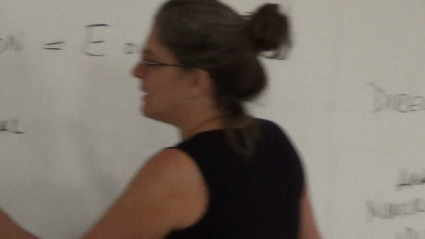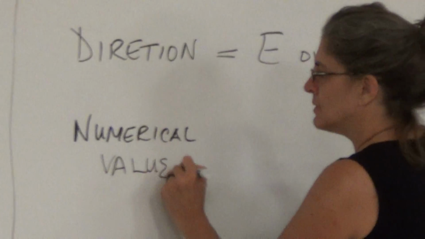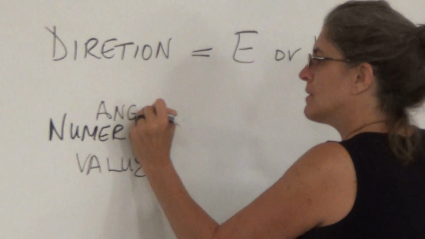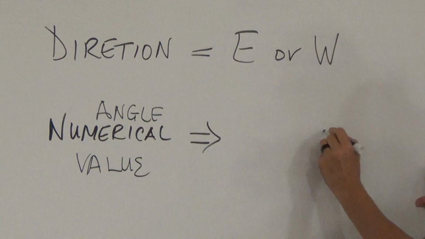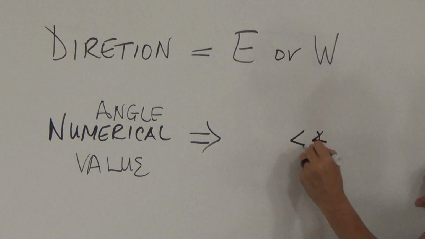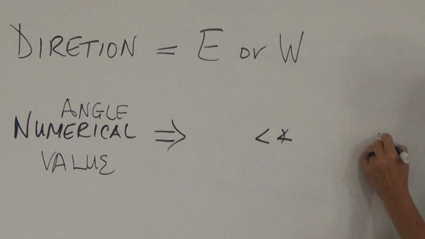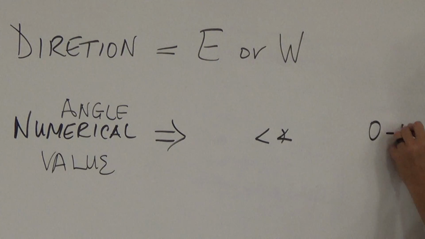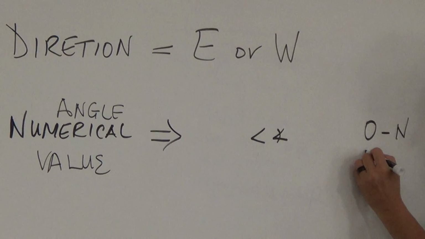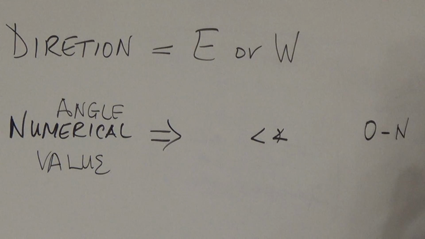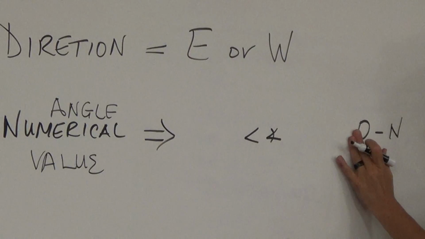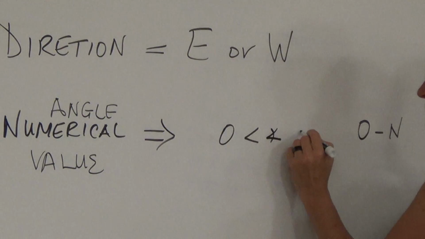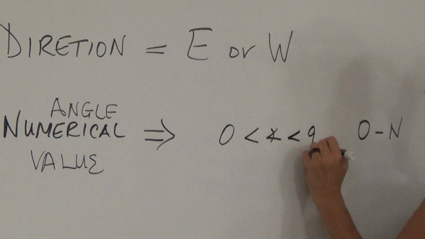Here, the numerical value of the angle can be, well, if the angle is 0, it's north. It's greater than 0 and less than 90.